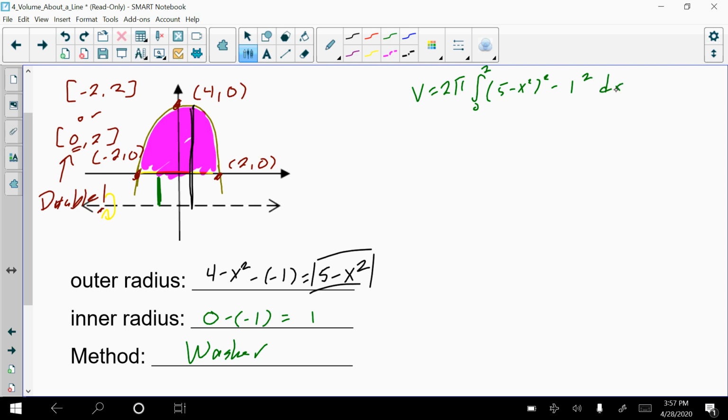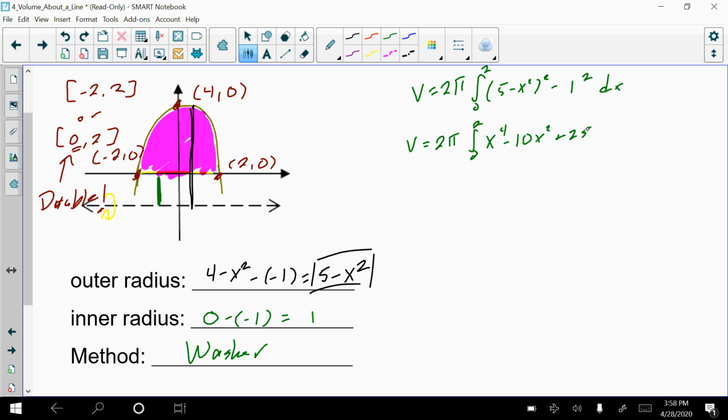And now simplify the integrand and then try to do the antiderivative. So here we'll get volume is equal to 2 pi, and when we distribute the binomial and put it in standard form, I'm going to have x to the 4th power minus 10x squared plus 25.